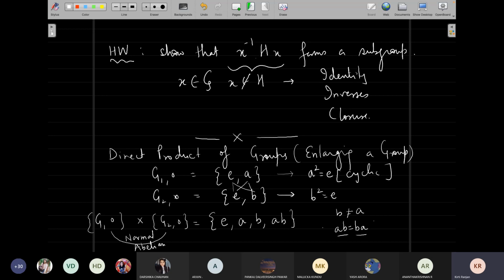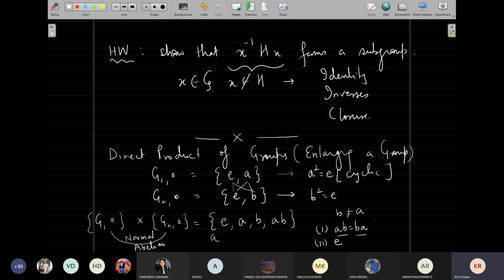So if I have this as one condition, and also the condition that the identity element is the only common element between the two groups, which means out of E and A there is only one element common to both, the identity element, now look at what we have made out of it. We have made E, A, B, AB.